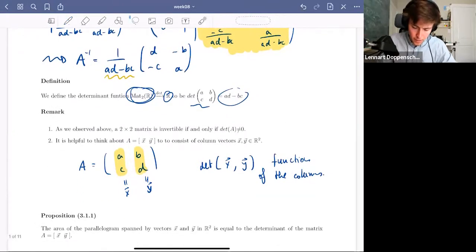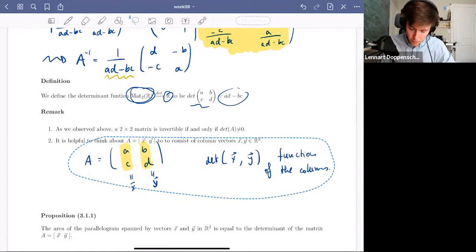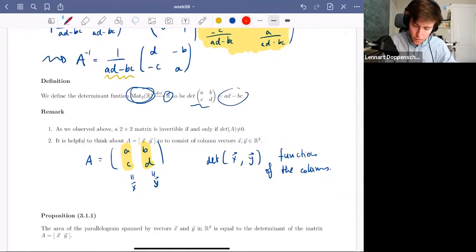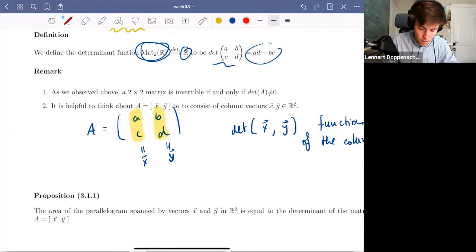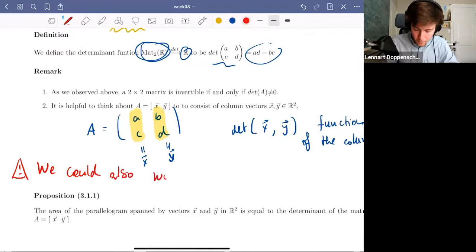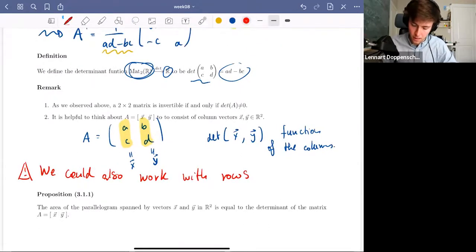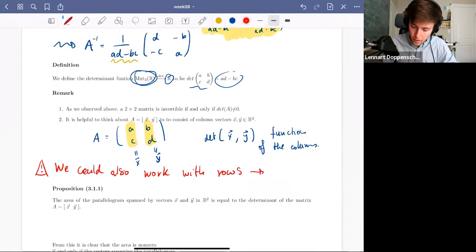At this point, I guess it's good to make another remark. Some books and some sources could also work with rows. So rows and columns are interchangeable here.